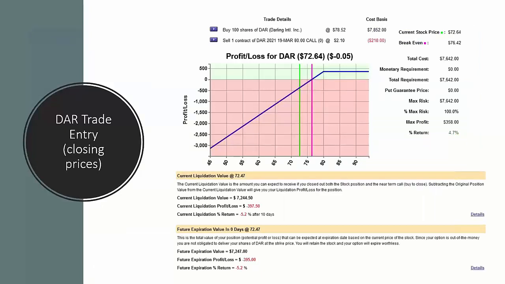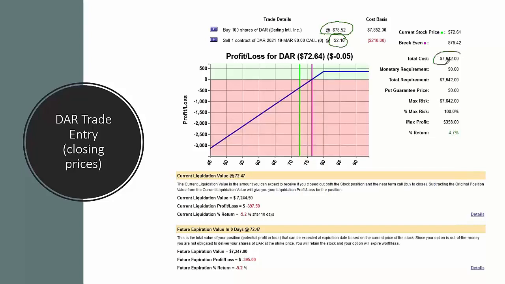So first, the DAR trade. On March 9th, the stock was trading at 78.52. These are closing prices. And then yes, of course, naturally, I grabbed it near the peak so that we could see the worst possible case scenario today. But on March 9th, we could have bought the stock at 78.52 and sold the March 80 call, slightly out of the money, for 210. Not necessarily the approach I would use, but this is just for an example.